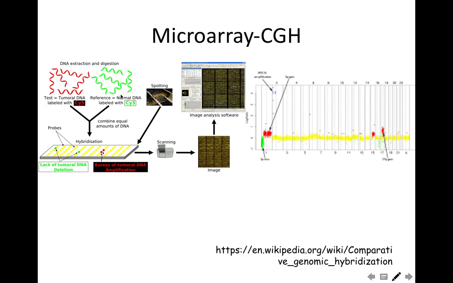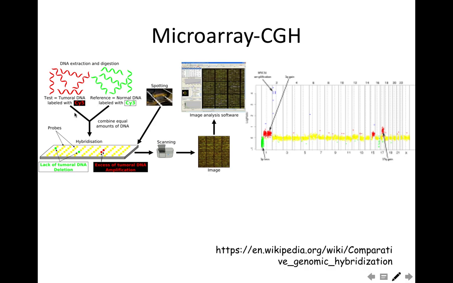Then we have two DNA samples, two genomes, for example one from a tumor and one from normal DNA. Both are labeled with different dyes, one red, one green. These two genomes are allowed to hybridize to the probes present on this glass slide, this array.